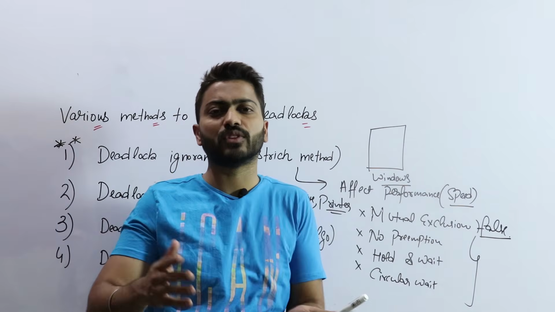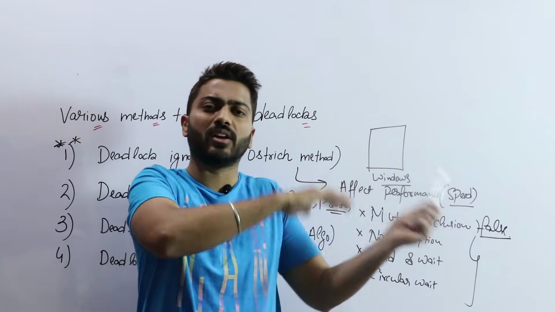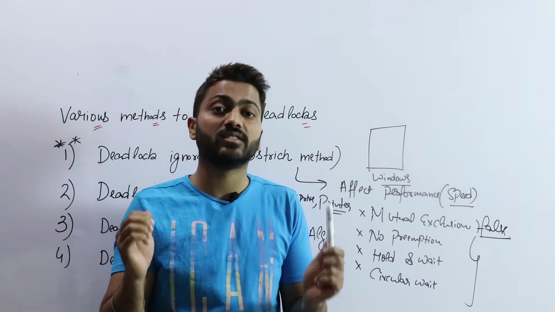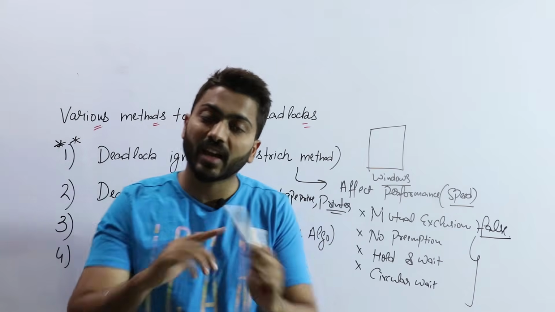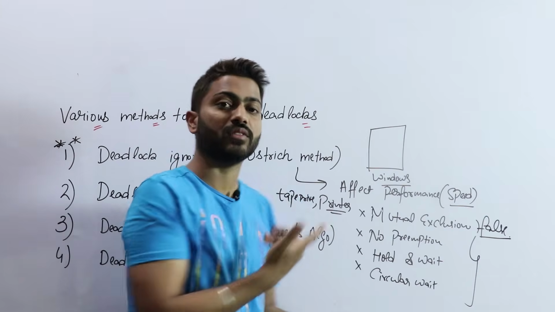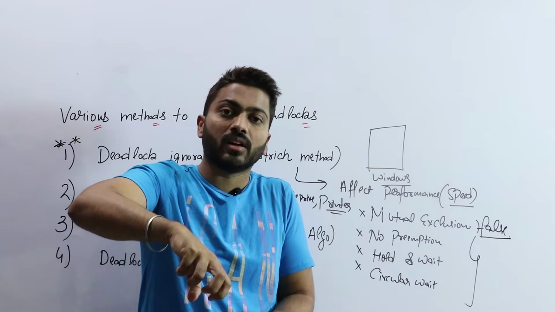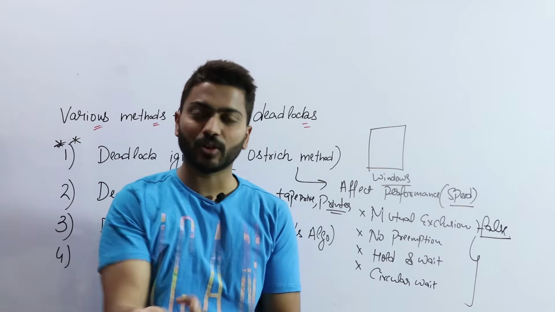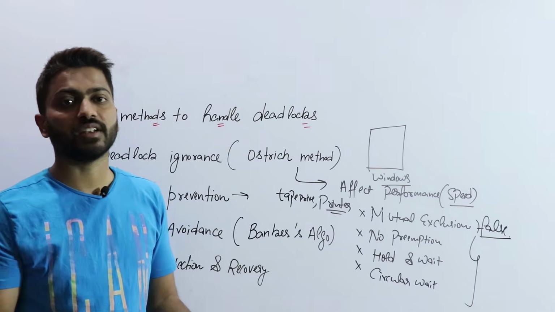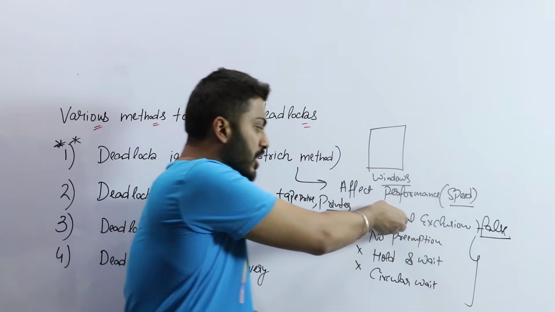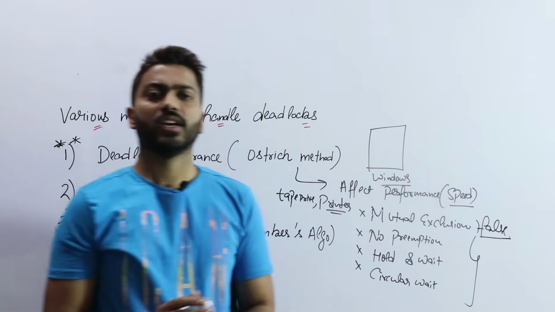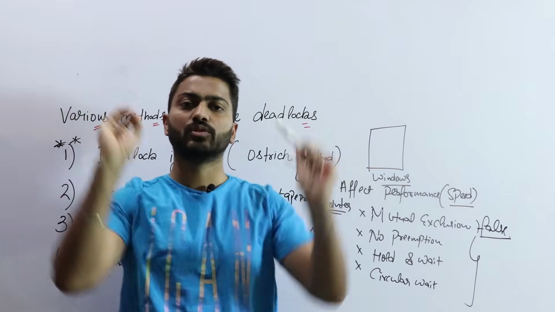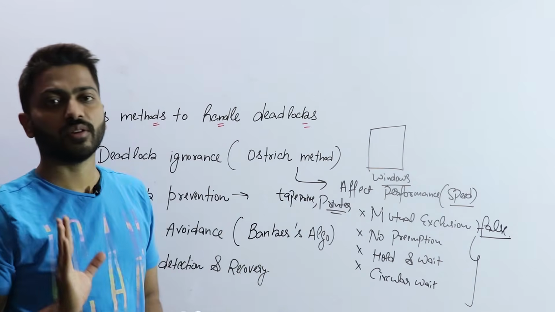Although we can make it false for some resources like CPU and memory, there are some resources which cannot be made shareable at all, like printer and tape drives. So when it cannot be shareable, how can we remove mutual exclusion? Mutual exclusion cannot be removed, so the deadlock cannot be prevented. Fine, this is the main point in mutual exclusion. But yes, if all the resources can be shareable, the deadlock will never occur, so there will be prevention of deadlock.